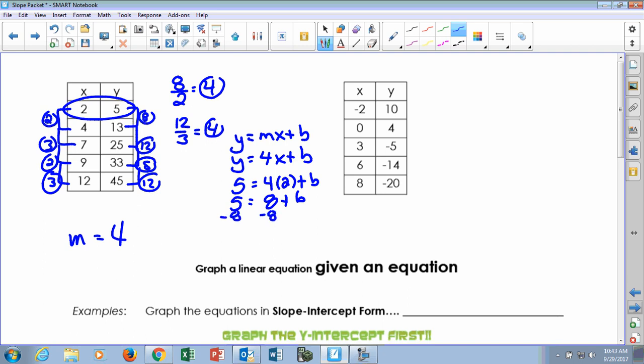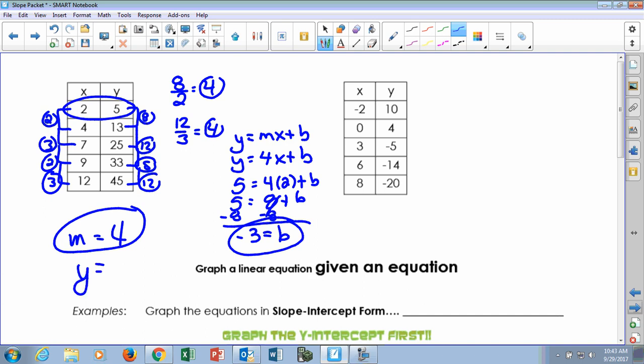And when I do that, that isolates the right side. And 5 minus 8 is -3. So I've gotten my two pieces, right? I got my y-intercept. I got my slope. So what's my equation? Javon? Y equals 4x minus 3.